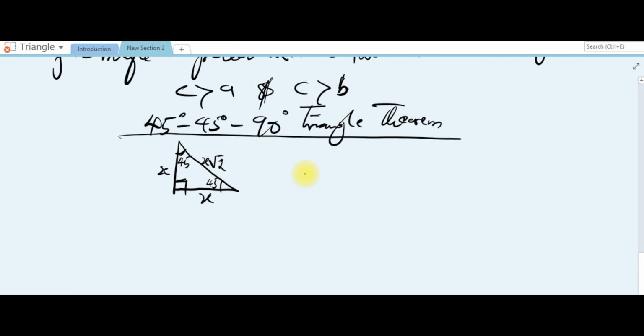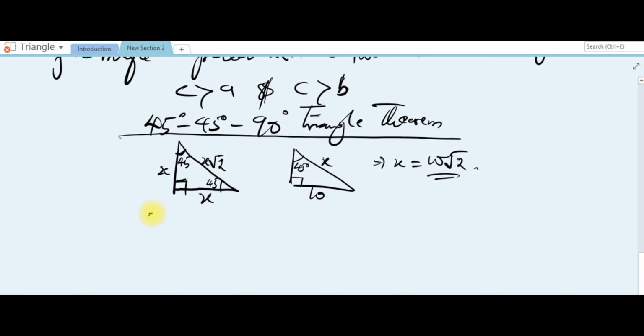Assuming we are given this 45, and here is 10, and we're asked to find x, x must be 10 root 2. That's what the theorem states.